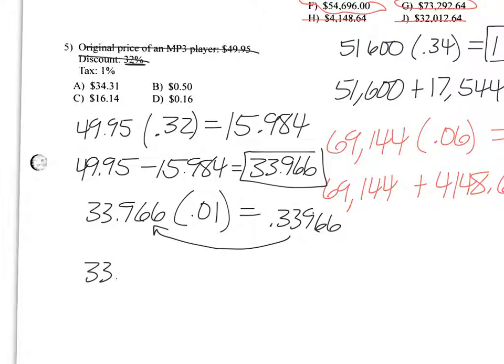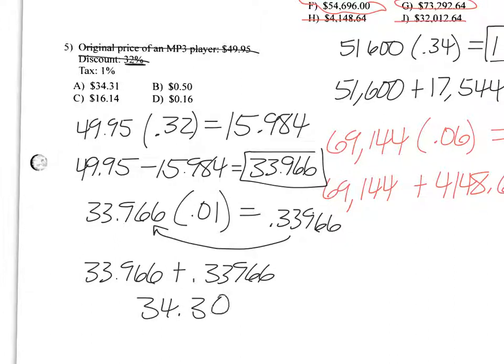So 33.966 plus 0.33966, and that gives me 34.30566. Now, since this problem is in dollars and cents, I round to the nearest cent, which is there. So since that's a 5, that's going to round up, and that would be 34.31.